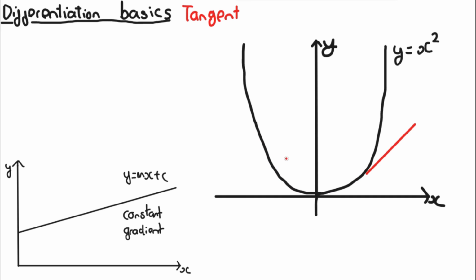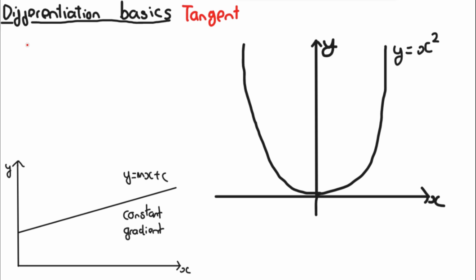Now really quick, for more complex graphs like quartics, you could have a tangent here where it only touches the curve at this particular point, but it also intersects the curve at these other 2 points here. That's fine, this is still considered a tangent. The main feature of a tangent is it only touches the curve once, in this general vicinity. If it intersects it at other points, this doesn't really matter. That's not really the point of focus.